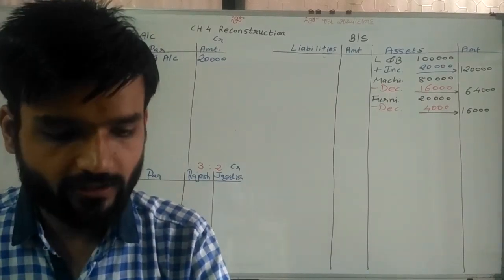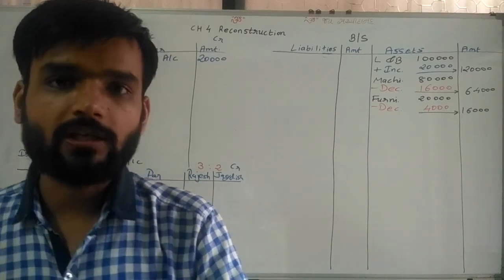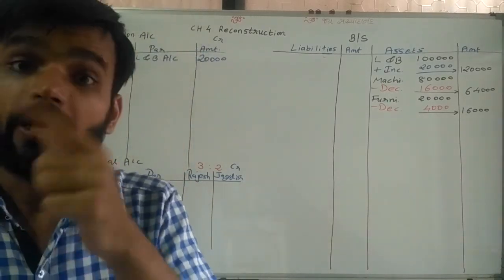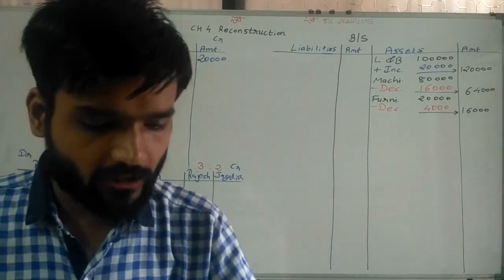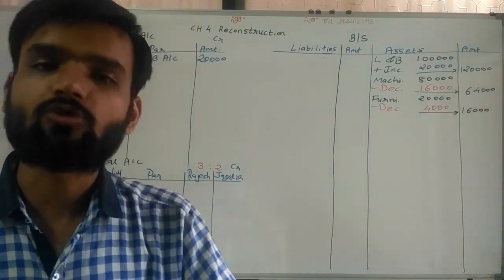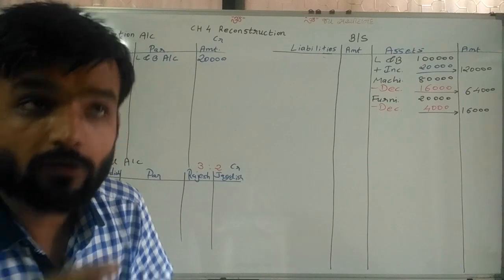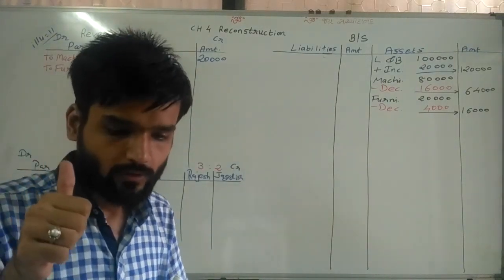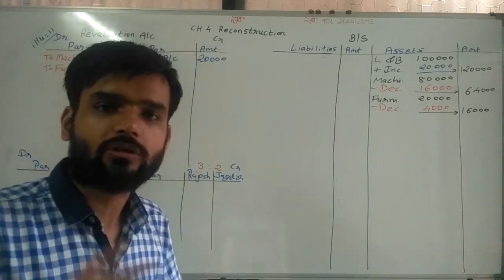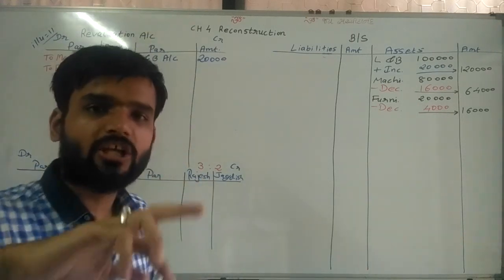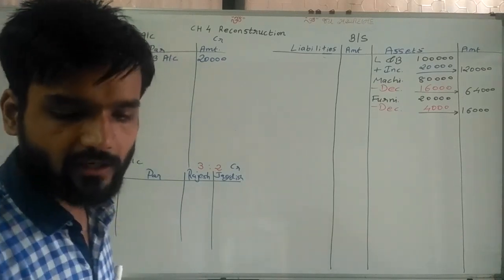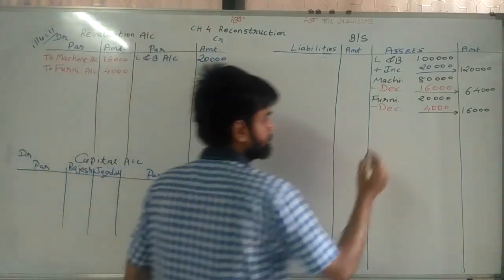In the balance sheet, debtors are given 60,000 and from that bad debt reserve is deducted 3,000. It means whatever is given in the balance sheet is not required. So this 3,000 we don't need to write in the new balance sheet. That's why we are writing only debtors 60,000 here.